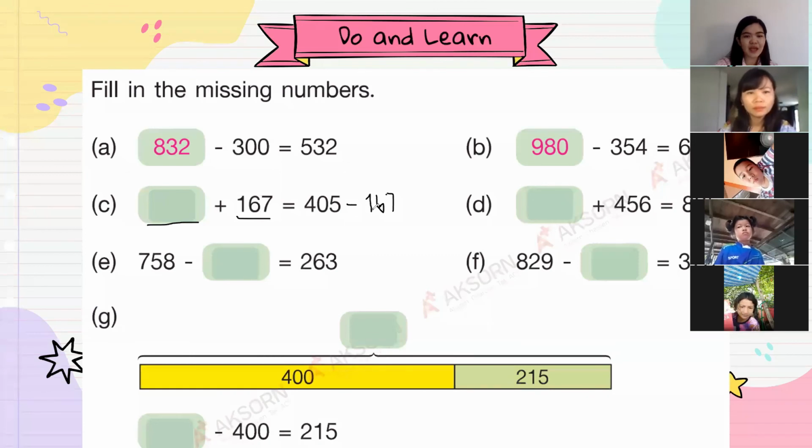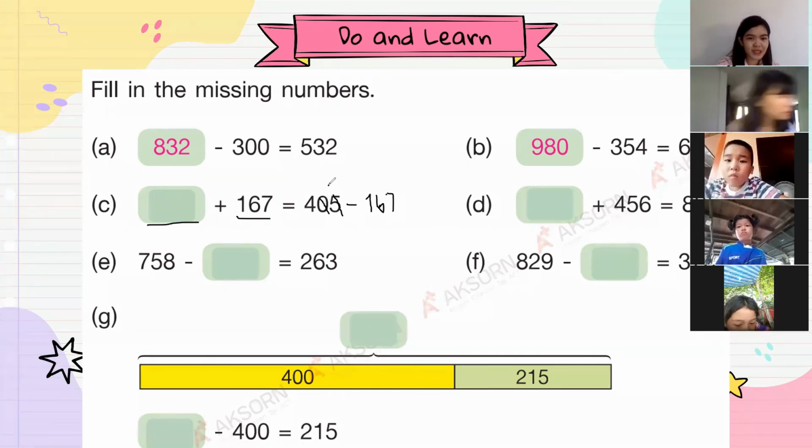So 405 minus 167. So we're going to borrow since 5 is smaller than 7. So we're going to borrow from 0. So it will become 15.